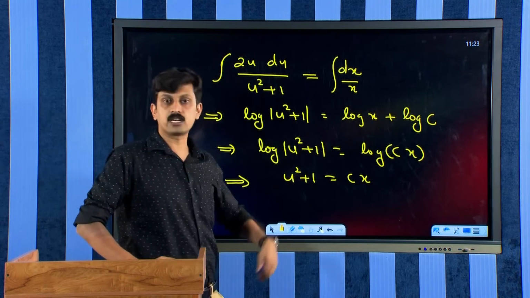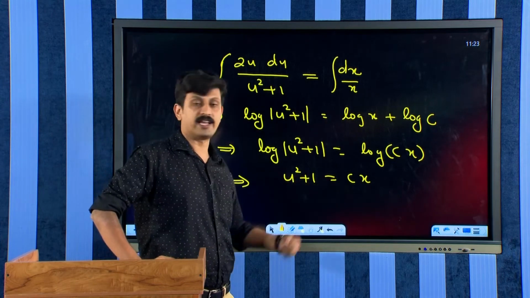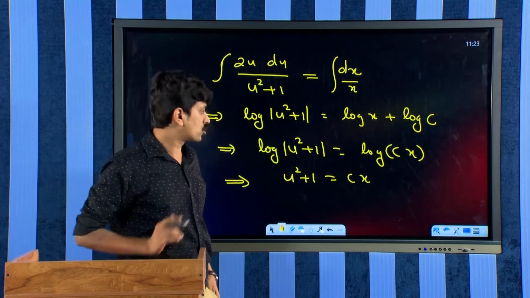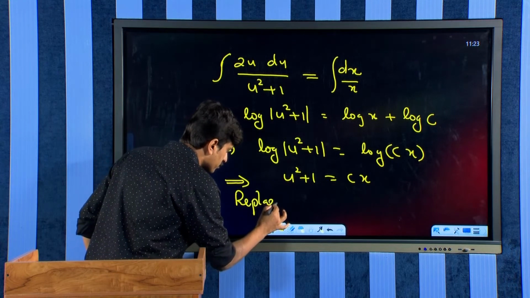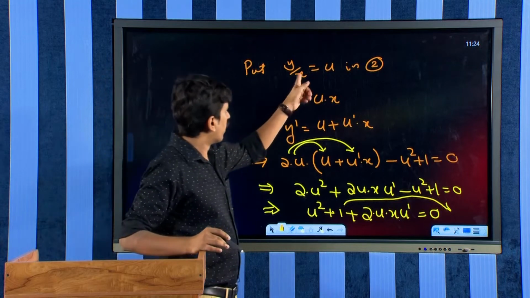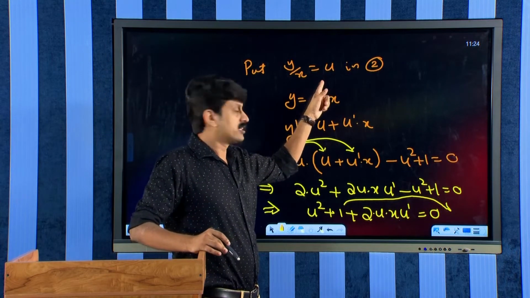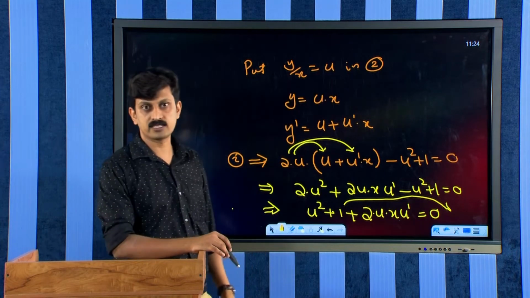Now, we got the general solution. This is the solution in u and x. So, we replace u with y by x, since y is equal to ux. We just replace u by y by x.